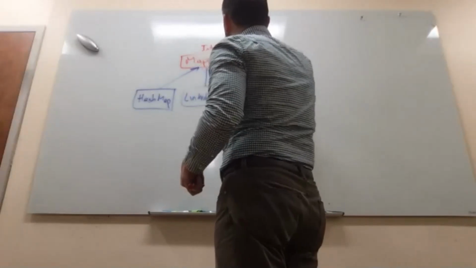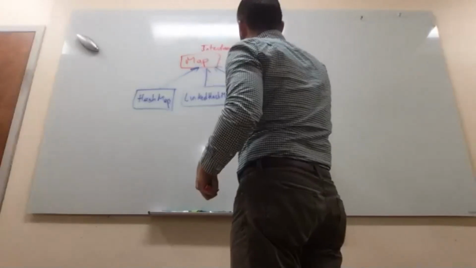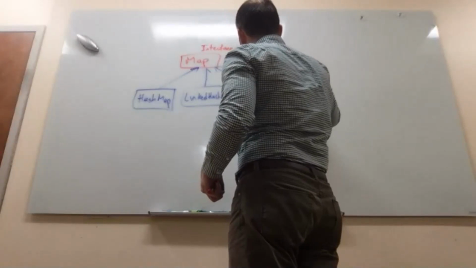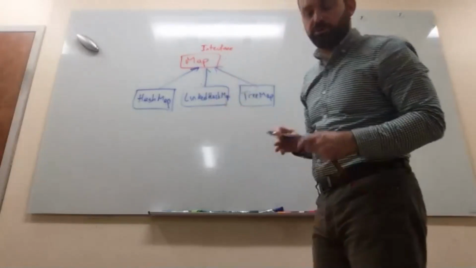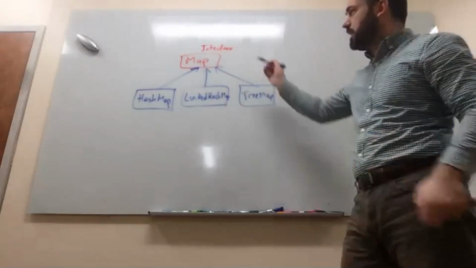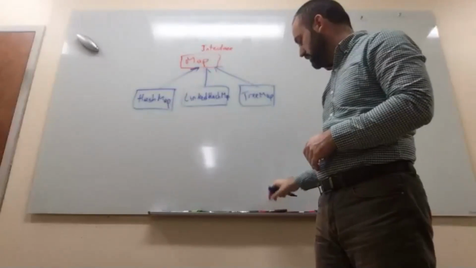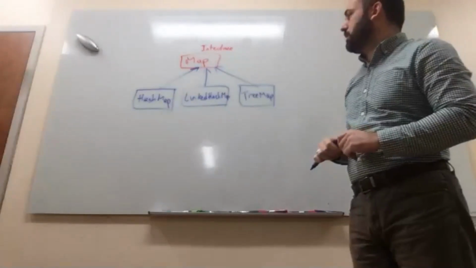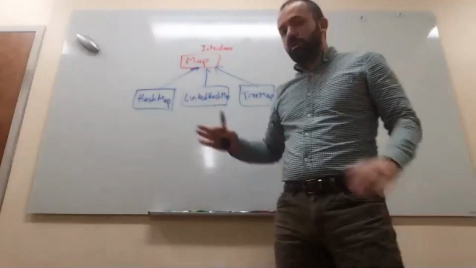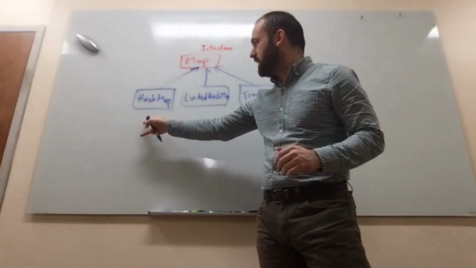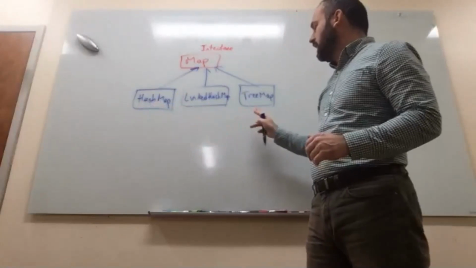And the third one is TreeMap. And we also have Hashtable, which is very similar to HashMap, right? So until a certain point, they had only Hashtable, and then they created HashMap. So if we remember about sets, we had HashSet, LinkedHashSet, and TreeSet.